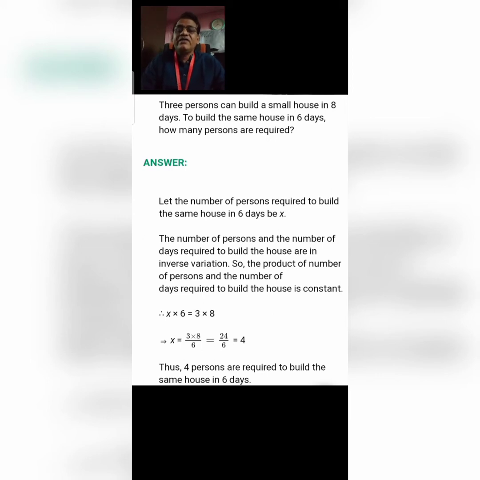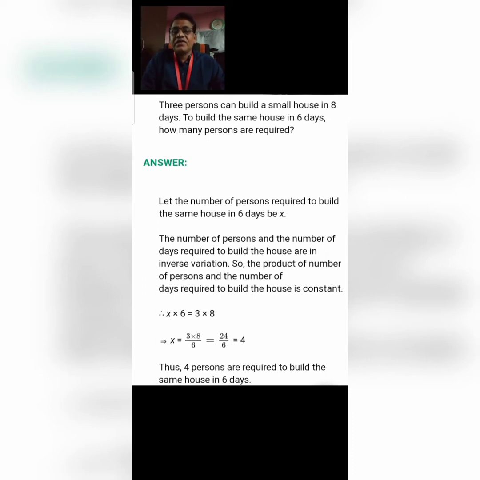Here it is an inverse ratio. The number of days and the number of persons are inversely proportional to each other. Let the number of persons required to build the same house in 6 days be x. The number of persons and the number of days required to build the house are in inverse variation, so the product of the number of persons and the number of days is constant.